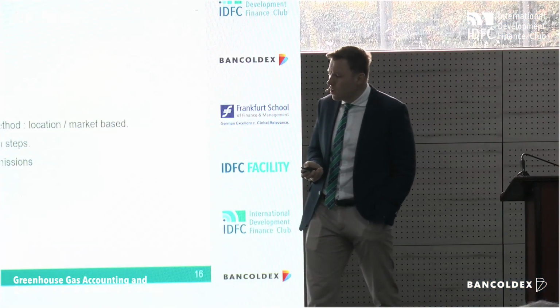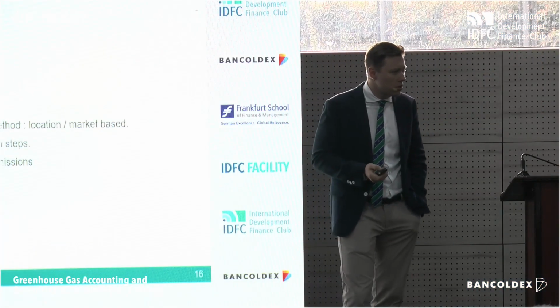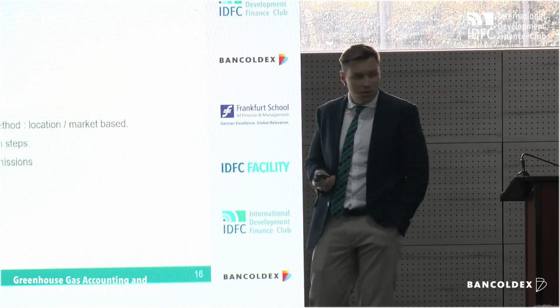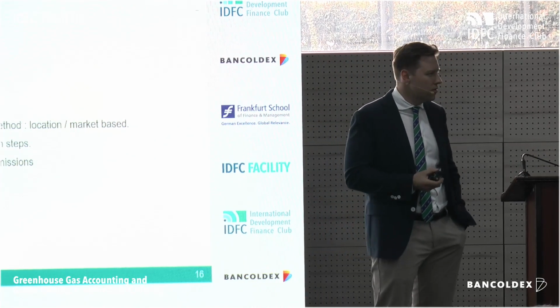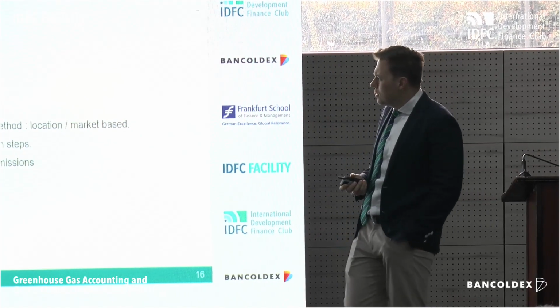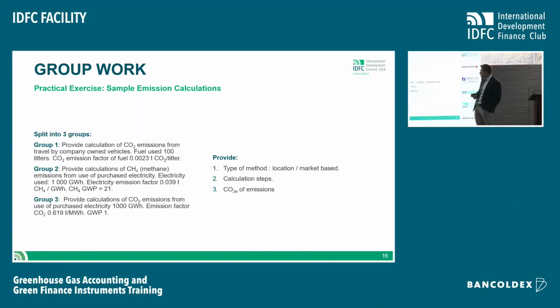If not, we would have the group work. I would kindly ask maybe Christine to support me in splitting the group. I've foreseen 3 groups, but we can have 6 groups, right?